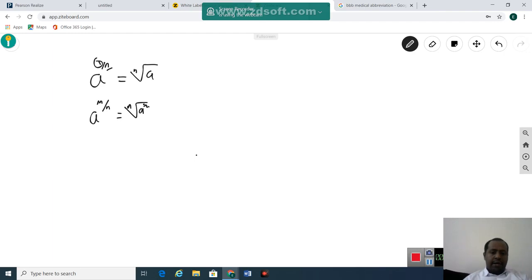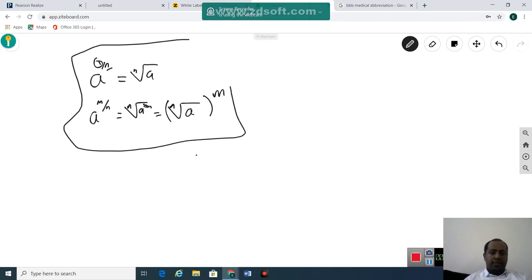Or I can write this in another form, which is the nth root of a, the whole to the power of m. So this is our basic concept for this lesson. Keep this in your mind. Now if you know this, we can directly proceed to the problems.